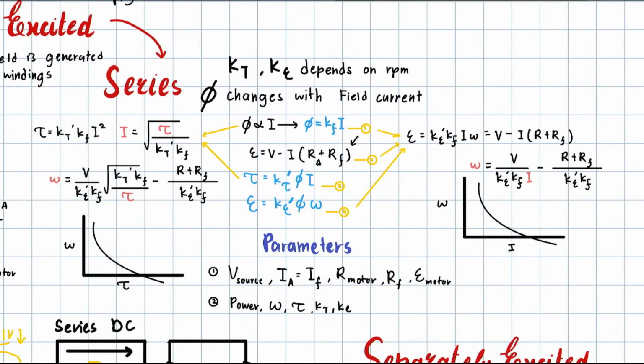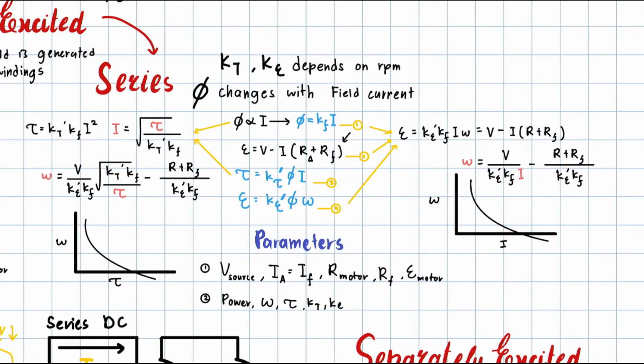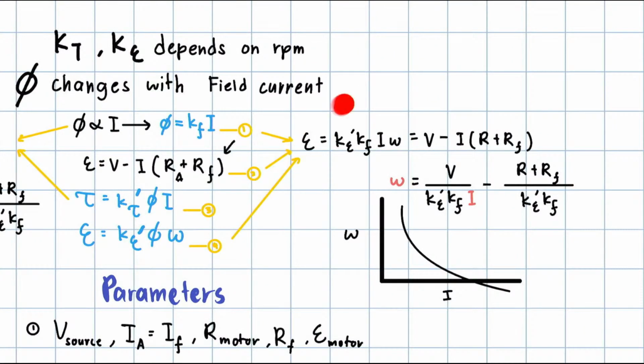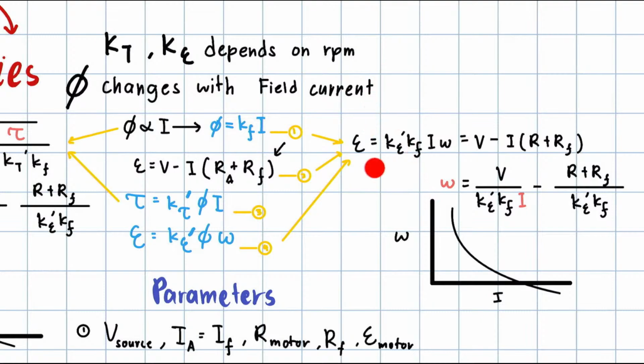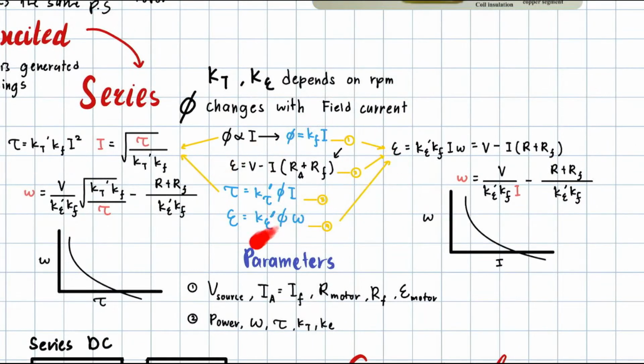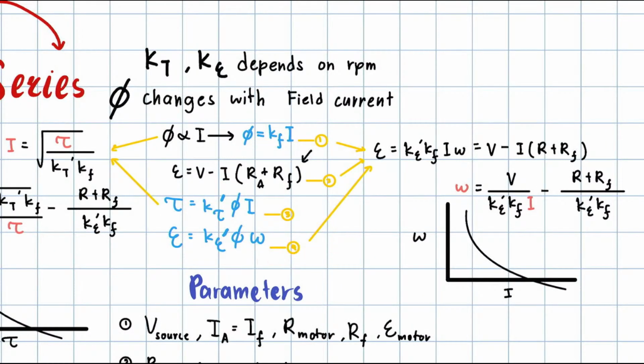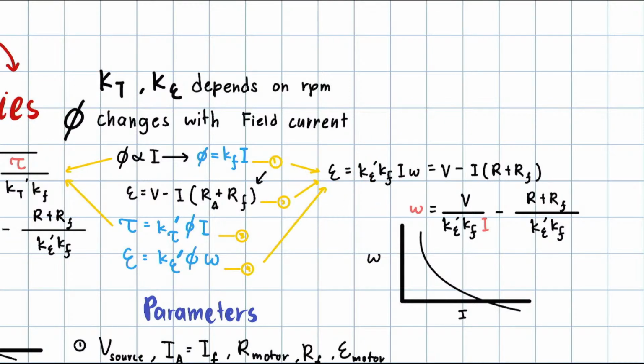So you will find there will become two outcomes, whether you are interested in the current or in the torque. Okay, so the E here equals, E equals KE prime phi omega. KE prime phi omega, phi equals KFI. So why are there so many of these, why so many substitutions? Because electrical really has a lot of equations like this. I don't know what the problem is, this subject is so difficult. So you have to go step by step.